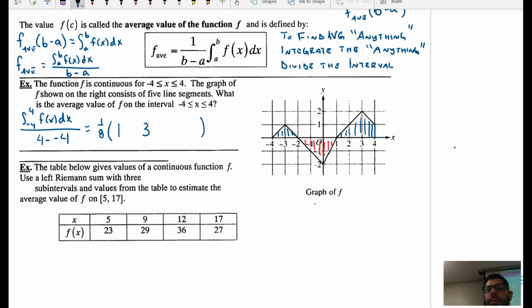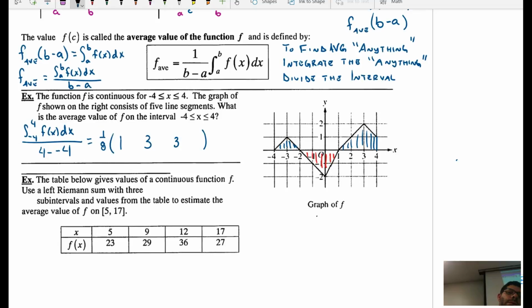Is this, what is that? 2.5? 3.5. And then making sure that we do what here? Subtract the area that's below.